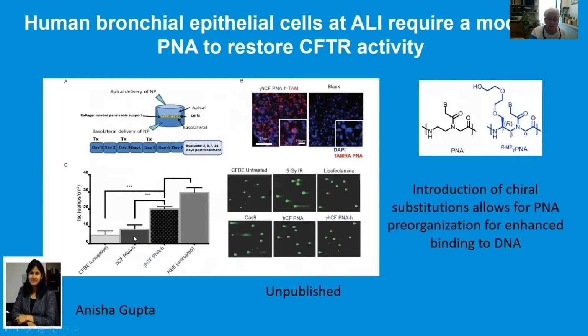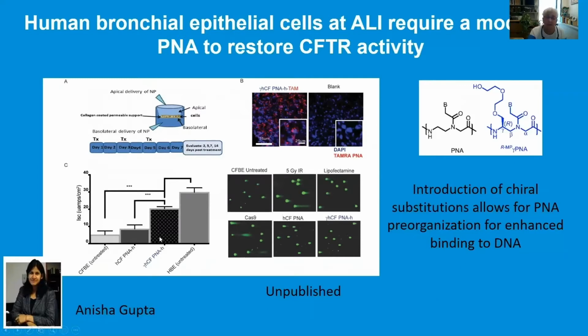So Anisha Gupta, who was the postdoc who worked on this project, really started to look at how could we improve our delivery, how can we improve our reagents. And she introduced chiral substitutions into the PNA, allowing for pre-organization, for enhanced binding to the DNA, and this is what we call gamma PNA.